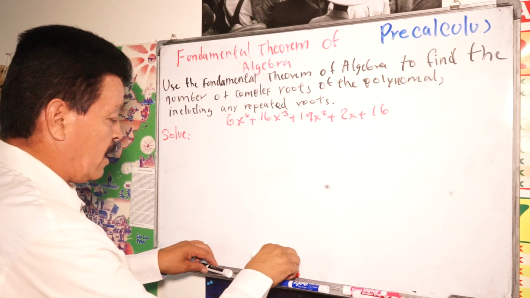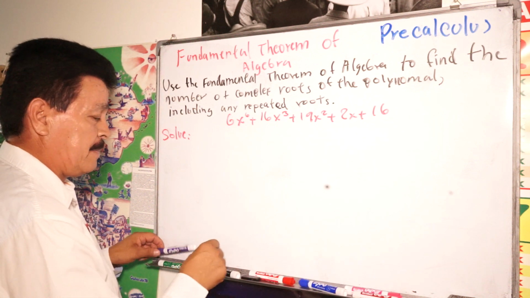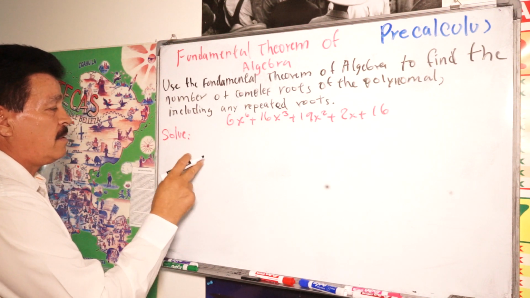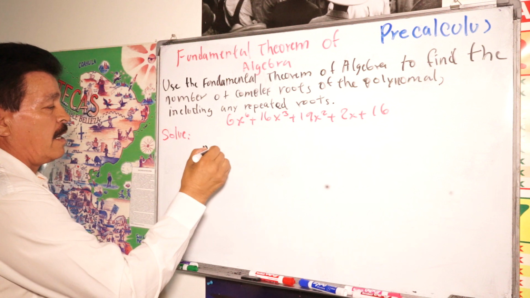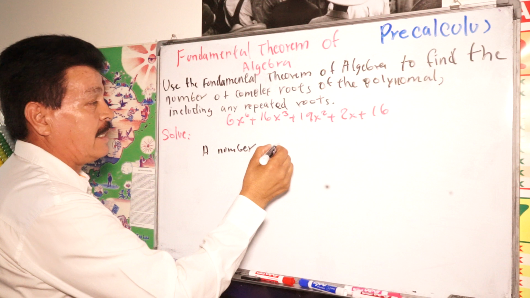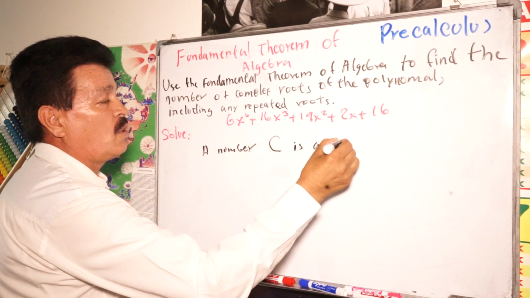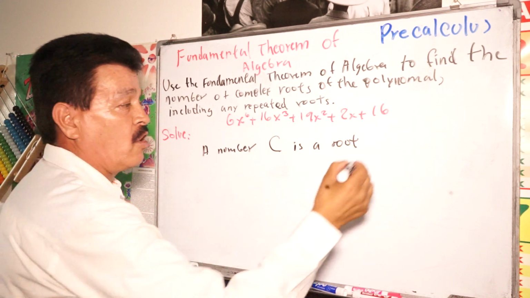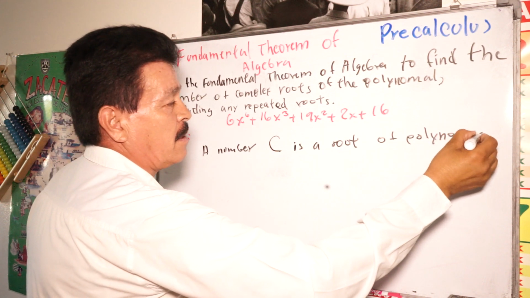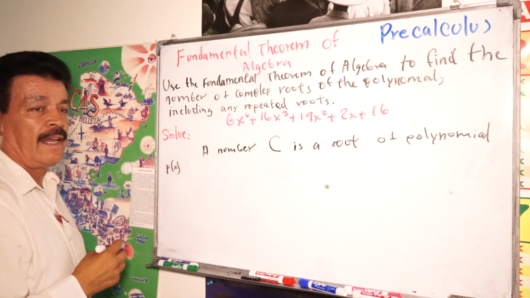Okay, before, let me remind you of this concept. A number c, in this case, c is a root of polynomial P(x), okay?